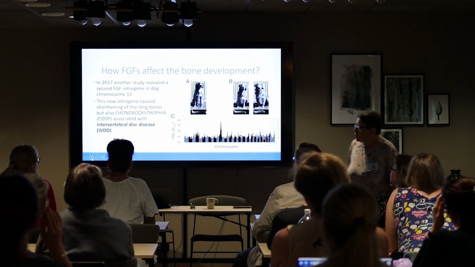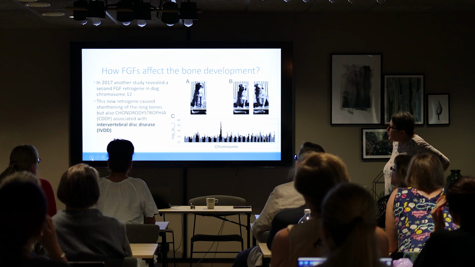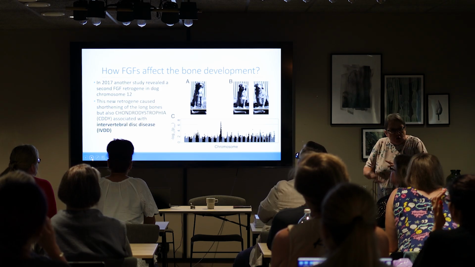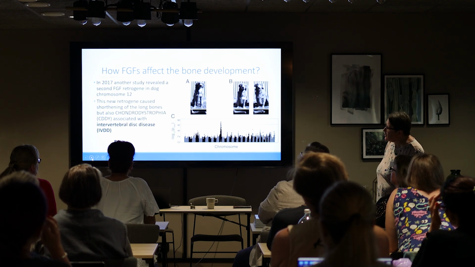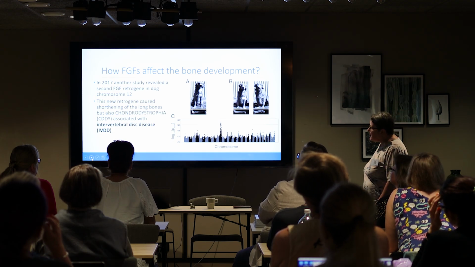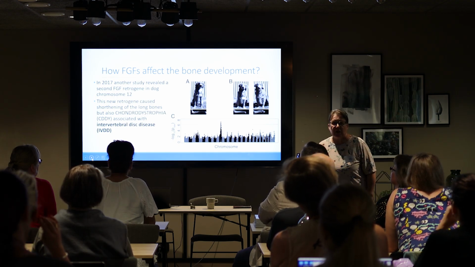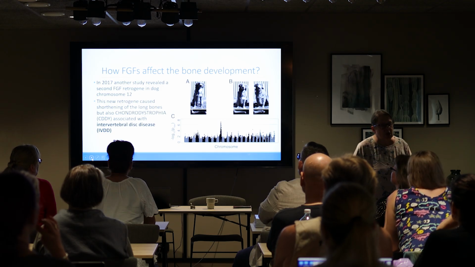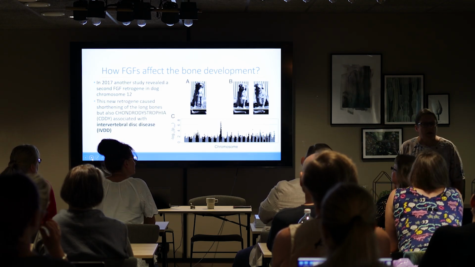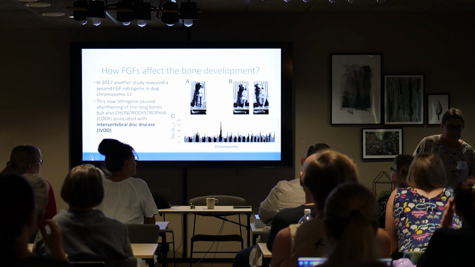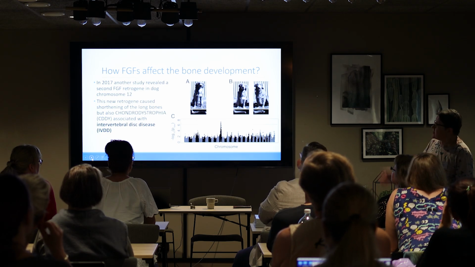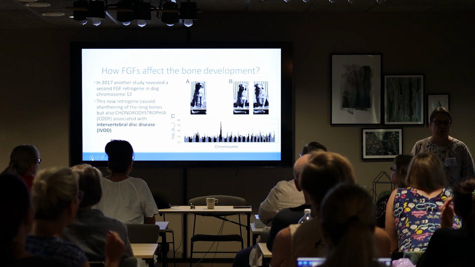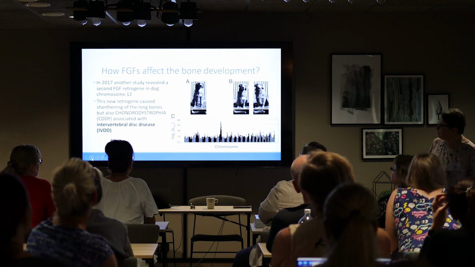How do they affect bone development in these chondrodysplastic breeds? Short leg is one effect, but then in 2017 another study revealed a second FGF retrogene. So FGF4 seems to be a jumping element that is jumping here and there. In this case it has jumped to dog chromosome 12.